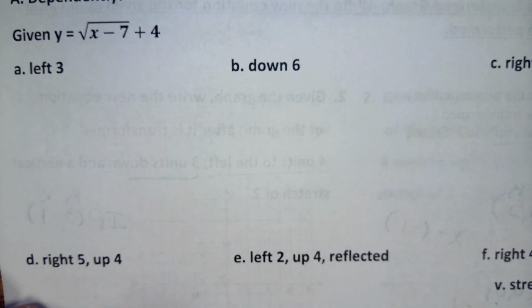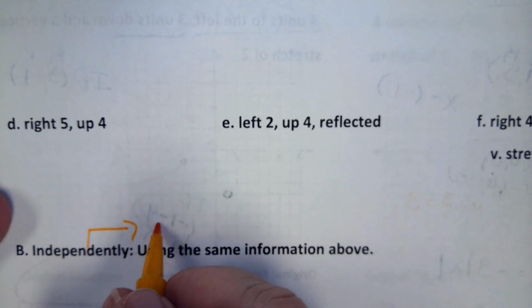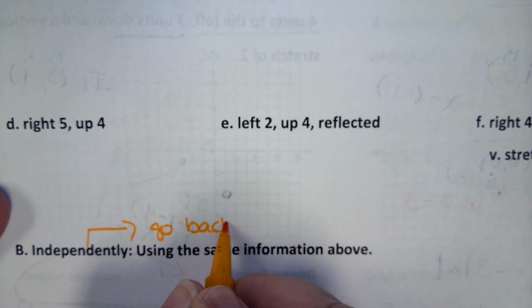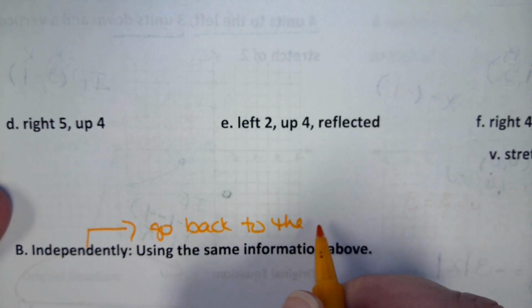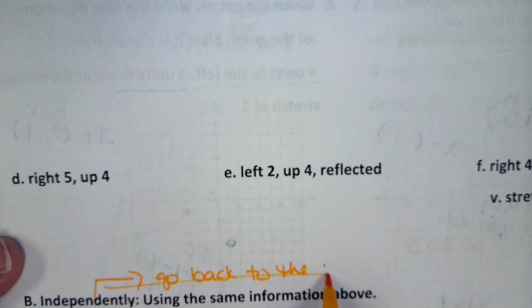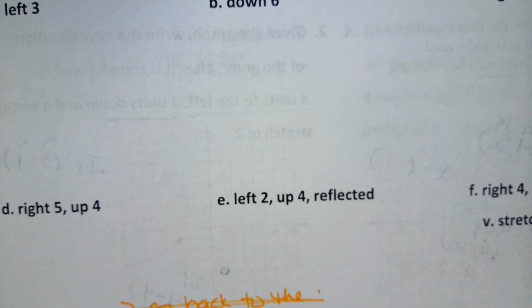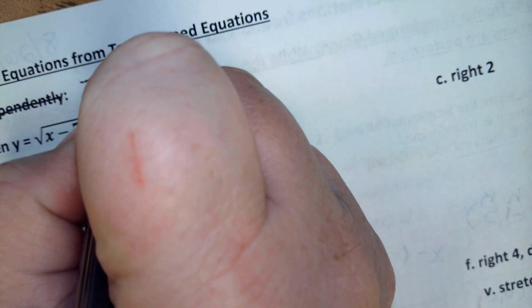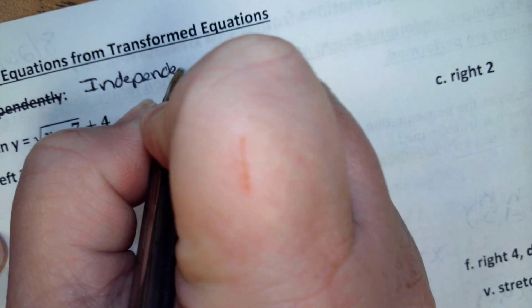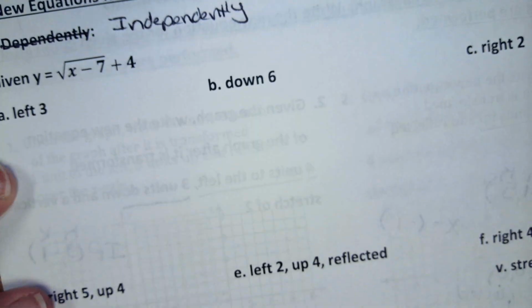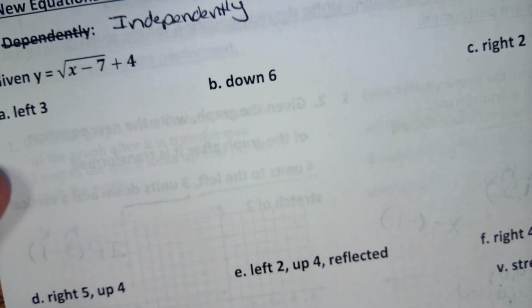Independently simply means that you're going to go back to the actually, let's do the correction right here. Change this right here to independently, and change this right here to dependently.